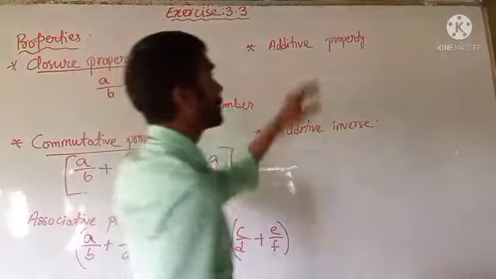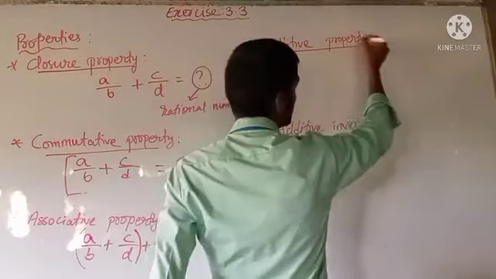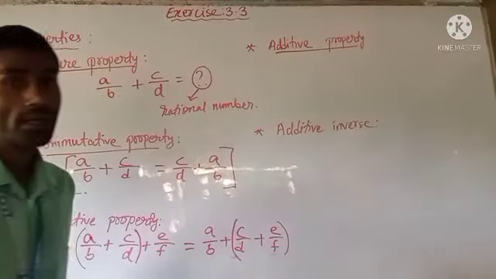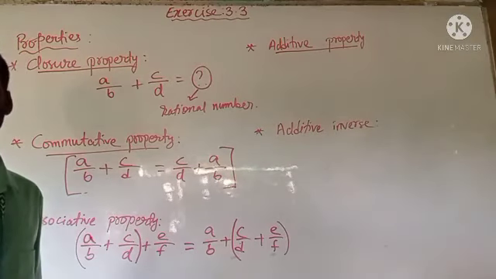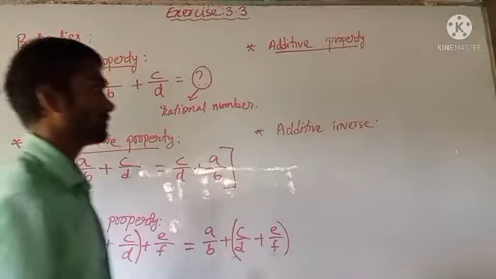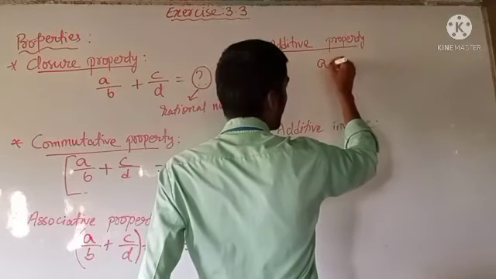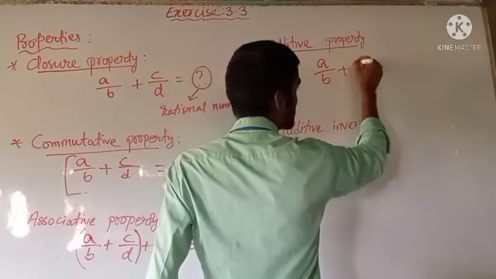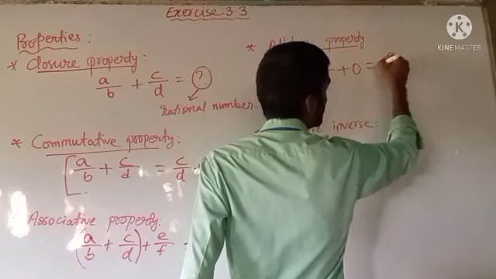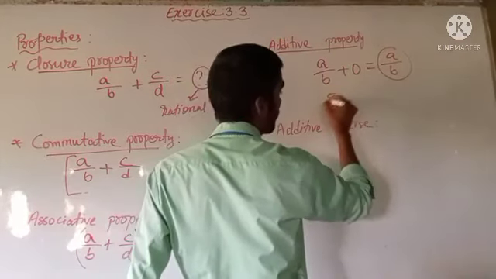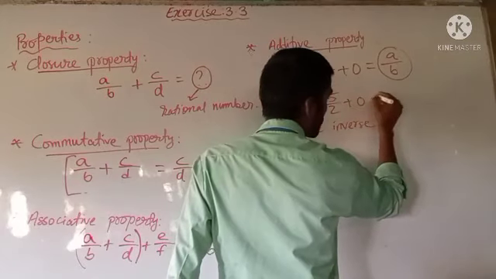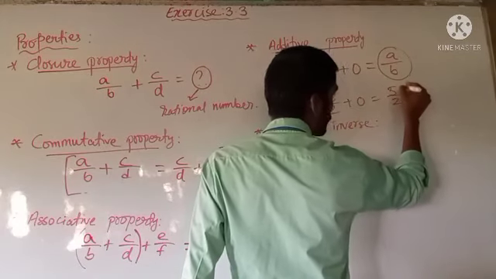Now additive property. What does this mean? Additive property means that the sum of a rational number and 0 is always the number itself. That means if you add 0 to a by b, the answer is a by b itself. If you say 5 by 2 plus 0, then the answer is 5 by 2 itself.